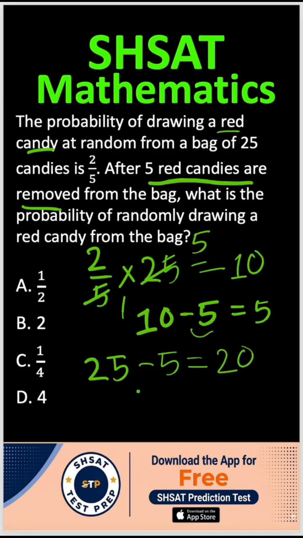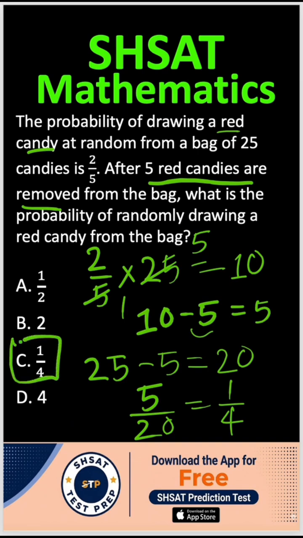So in order to find the probability of randomly drawing a red candy from the bag, we can write it as 5 over 20, which can be simplified to 1 over 4, as 5 times 1 gives us 5, and 5 times 4 gives us 20. And with that, the correct answer is option C.